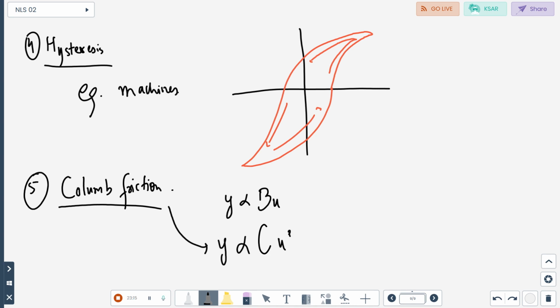While Coulomb friction represents that friction which causes the output to vary with respect to the square of the velocity. It is proportional to the square of the velocity. Since this is proportional to the square of the velocity, this causes a non-linear behavior. So Coulomb friction here represents a non-linear behavior in all systems.